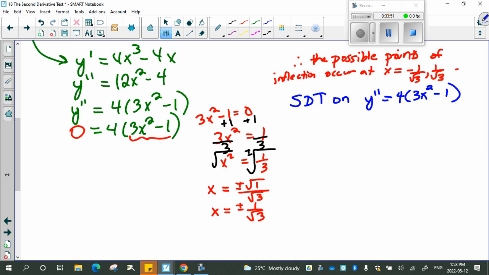Negative infinity to negative 1 over root 3. X equals negative 1 over root 3. Negative 1 over root 3 to positive 1 over root 3. X equals 1 over root 3. And then 1 over root 3 to infinity.